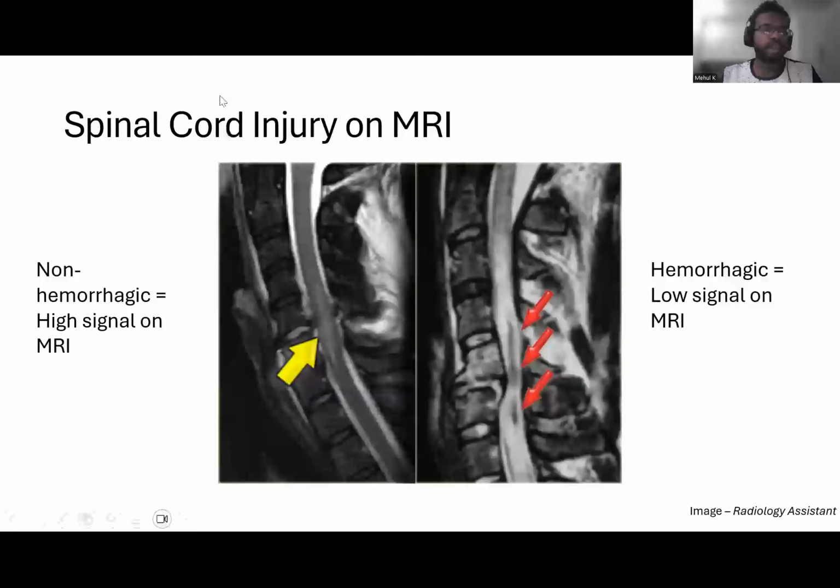You can see that on the spinal cord MRI here. Non-hemorrhagic, just edema, is usually going to be higher signal on the MRI, whereas low signal within that high signal usually suggests hemorrhage. So the black thing here is hemorrhage, and that usually has a very poor prognosis.